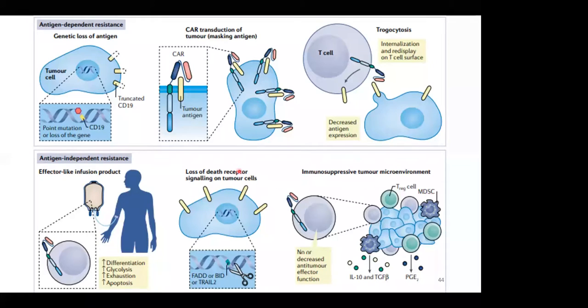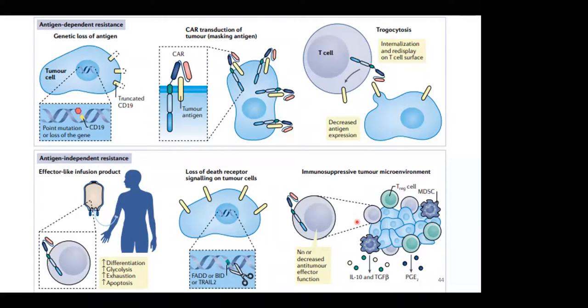The second mechanism is wherein you remember that there's this Fas ligand and the Fas which comes into picture, and the death receptor gets activated and the cell has to go into apoptosis. Now, if the death receptor signaling itself is lost, the tumor cell can survive. And the last and the third mechanism is the immunosuppressive tumor microenvironment, much more relevant in case of a solid tumor.